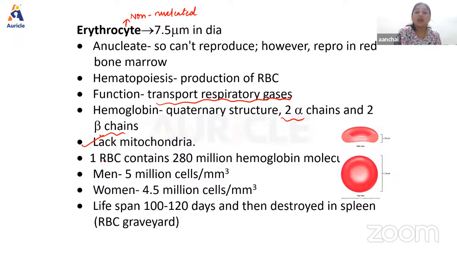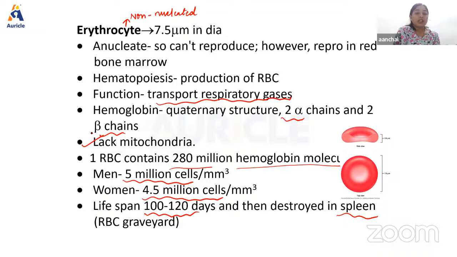One RBC contains 280 million hemoglobin molecules. In males, the normal RBC count is 5 million, and in women, it is 4.5 million cells. Then, talking about the lifespan of the RBC, it is 100 to 120 days. After this lifespan, all the RBCs get destroyed inside the spleen, which is also known as the graveyard of RBCs.